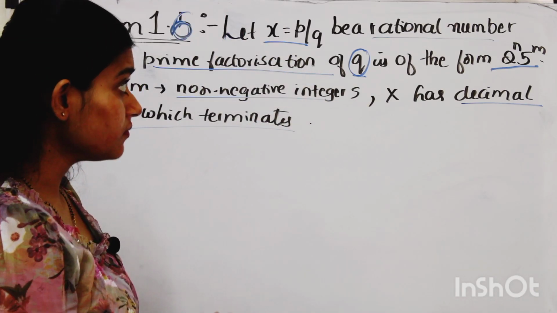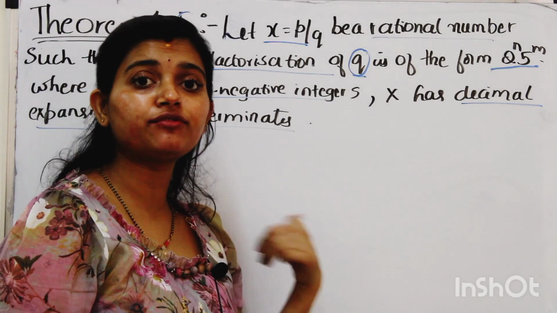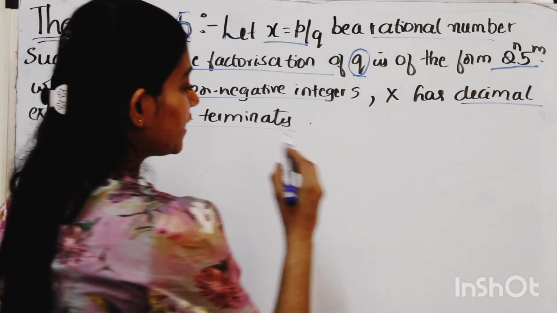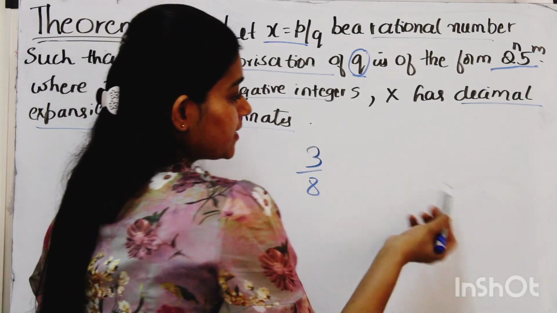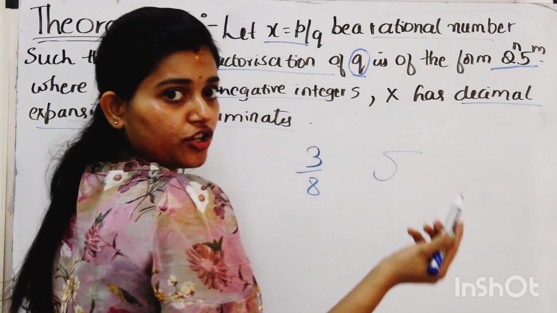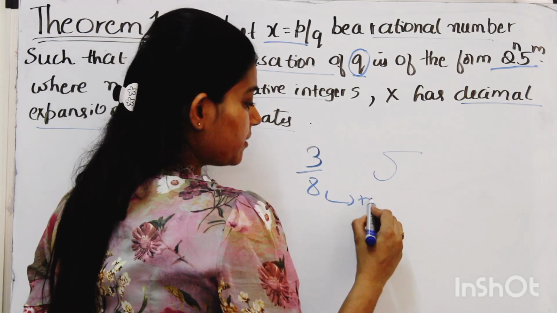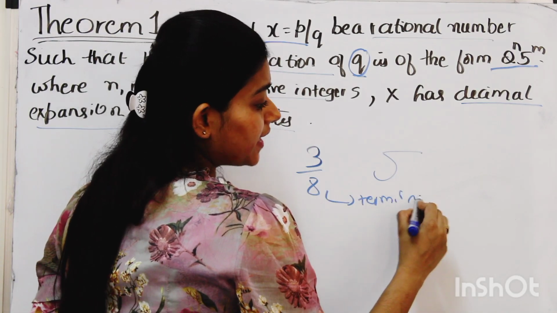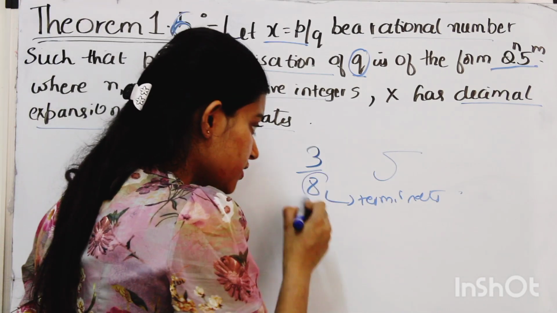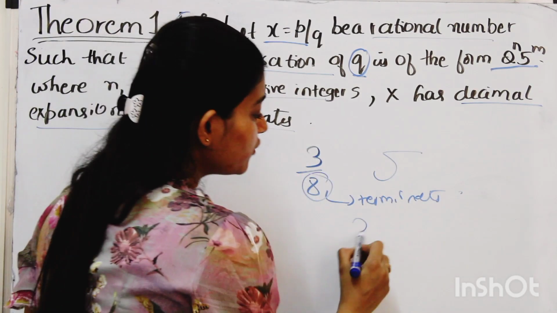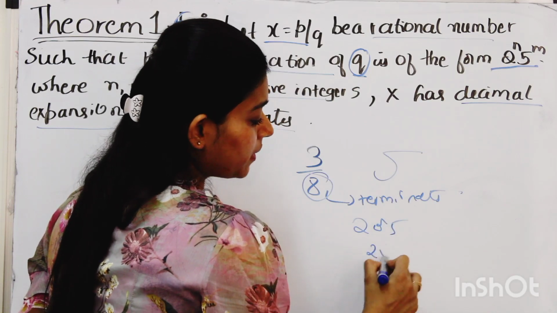Now in the earlier theorem, first we took one example. For example, we took 3 by 8 and checked whether it is terminating or non-terminating. Then if it terminates, we proved that q's prime factorization is in the form of 2 or 5, or it may be 2 into 5.